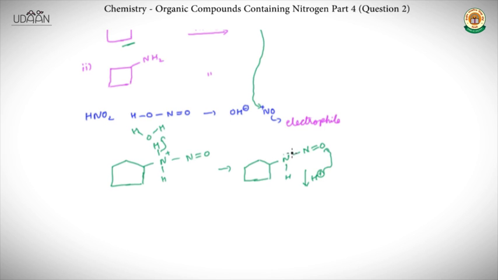This is because this is in resonance with this bond. So here the negative charge is increased, so H plus attacks on this one. So you are going to get NH plus double bond and OH.